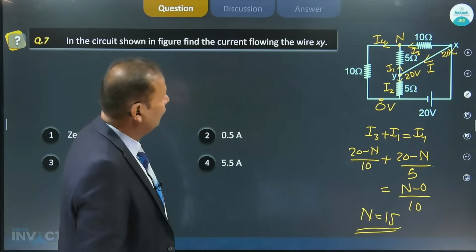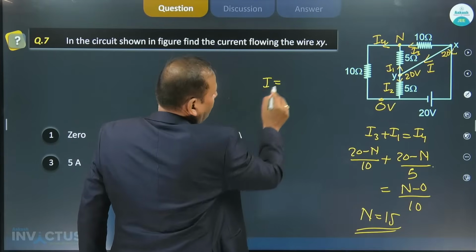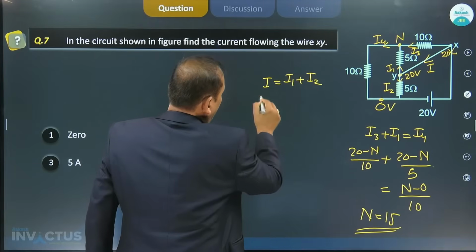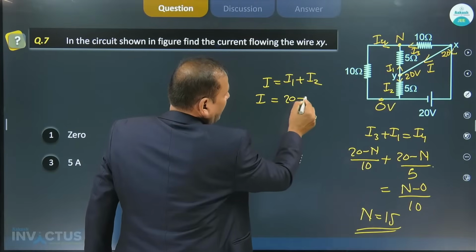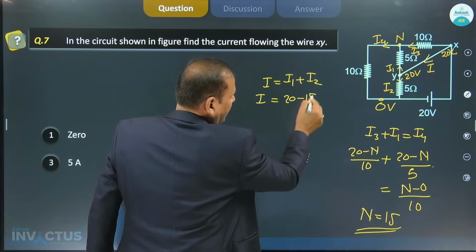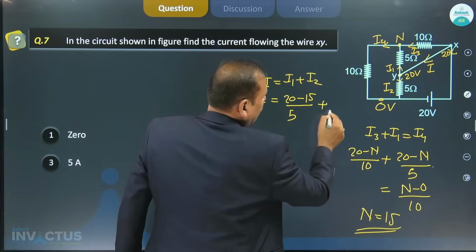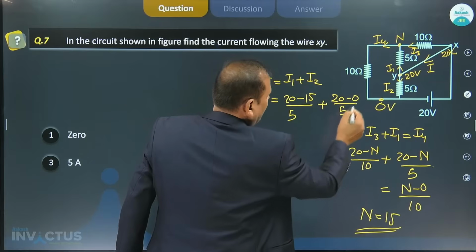Now we have to find the I. I is equal to I1 plus I2. I is equal to I1, 20 minus n, that is 15, by 5, plus I2, 20 minus 0 by 5.